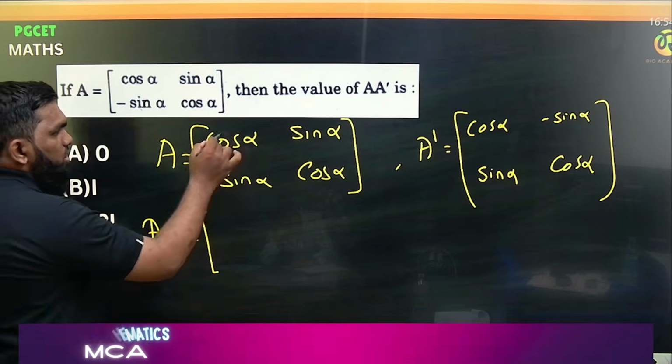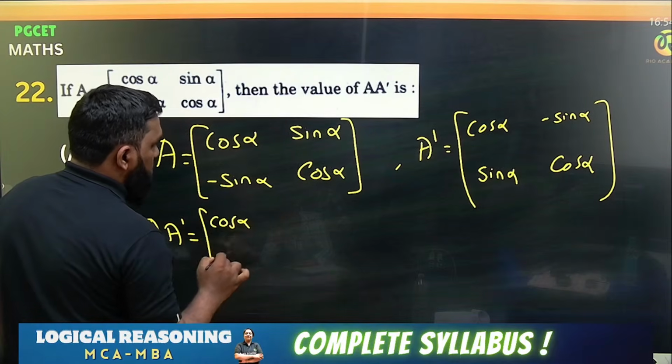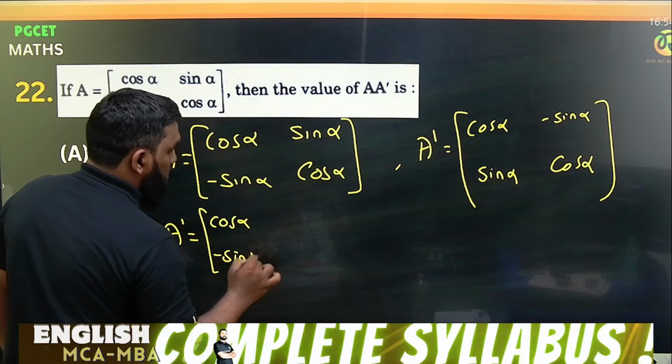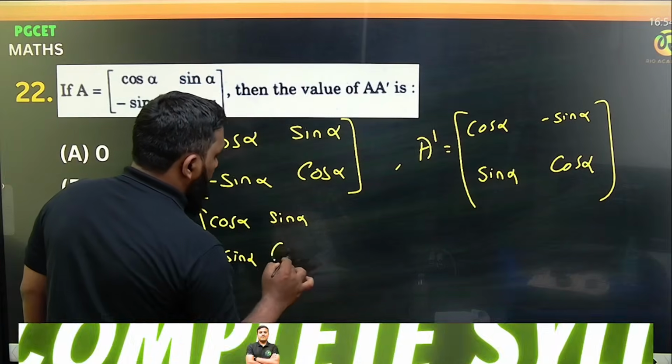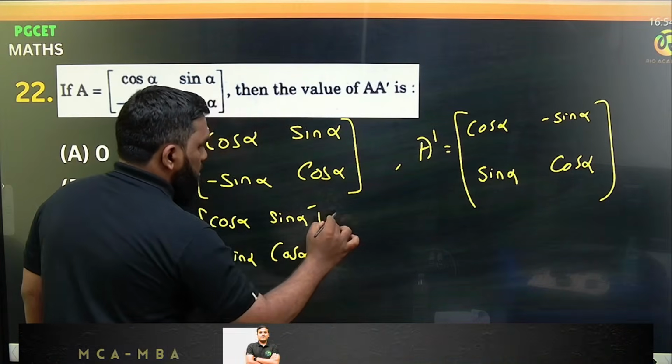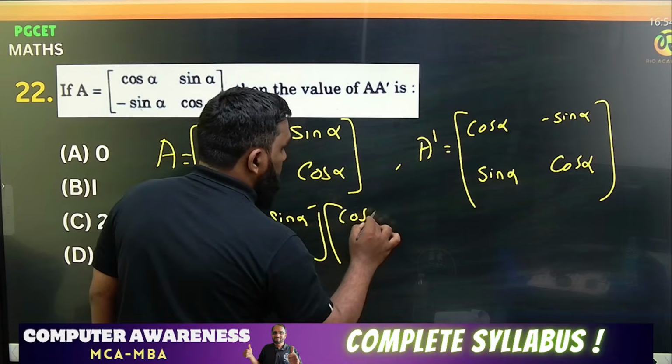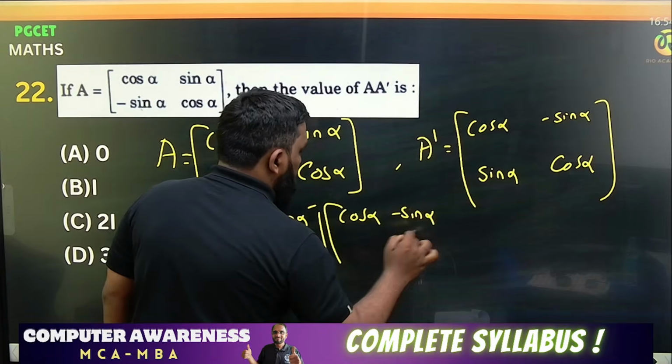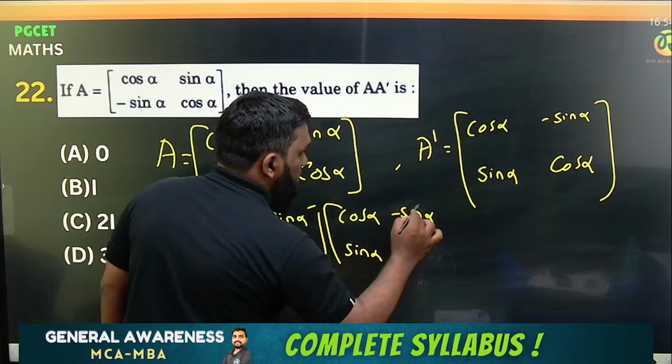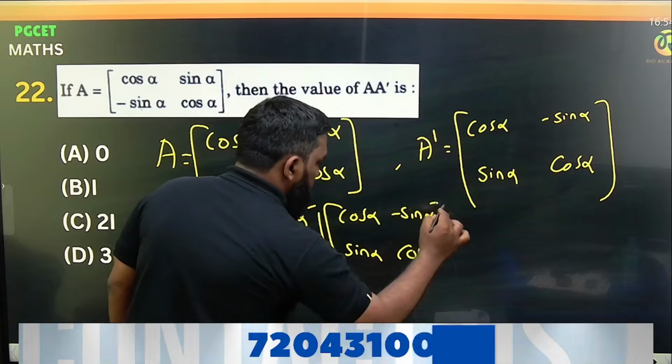A into A dash. A is cos alpha, sin alpha, minus sin alpha, cos alpha, and A dash is cos alpha, minus sin alpha, sin alpha, cos alpha.